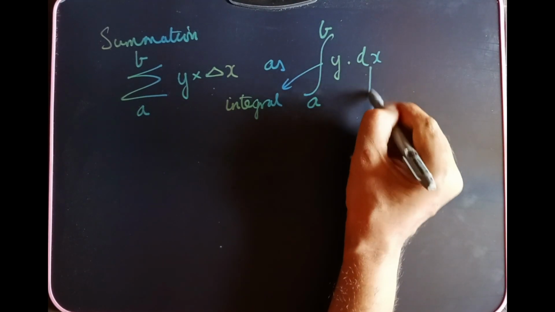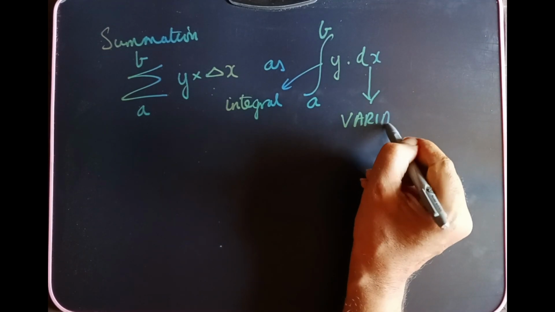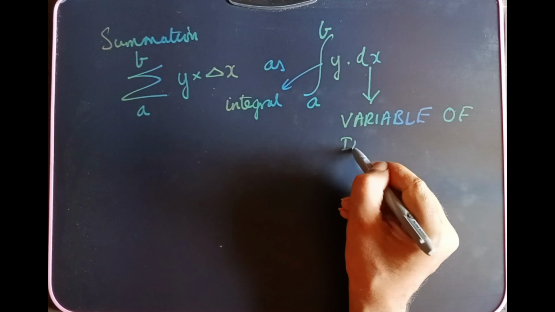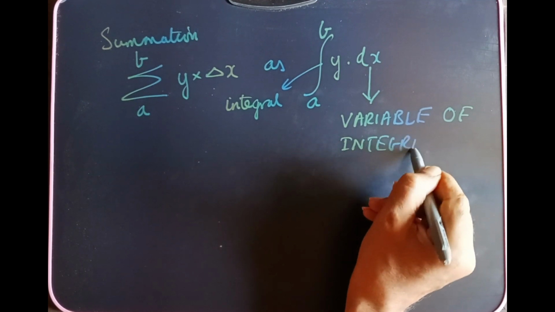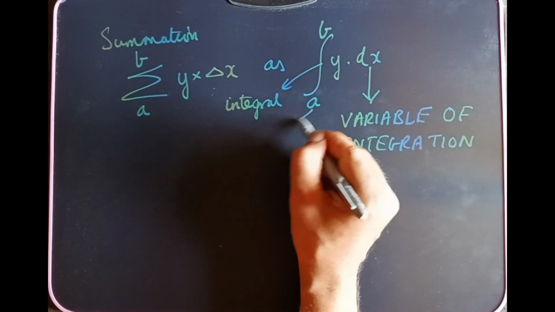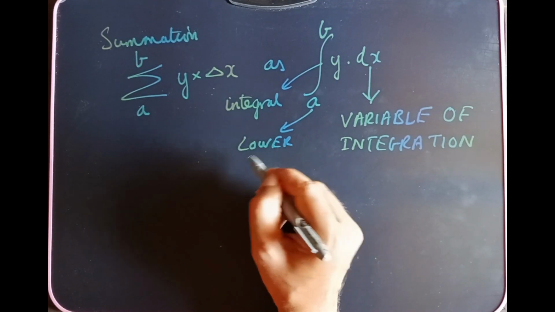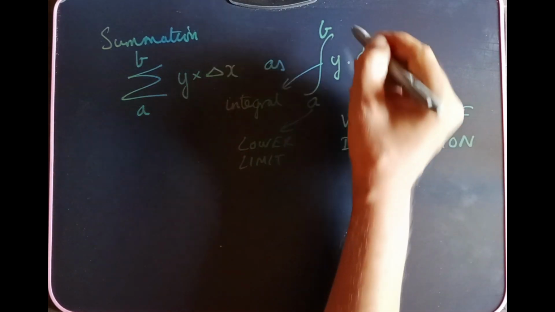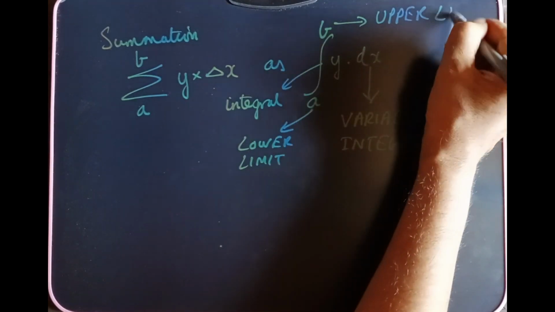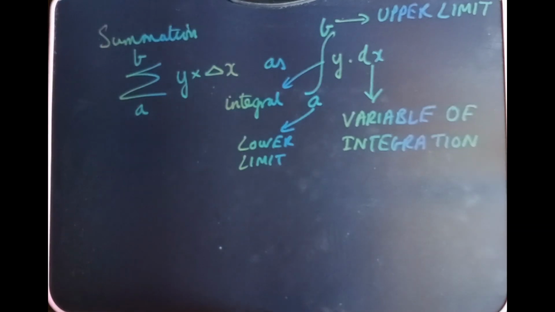What is dx called? dx is called the variable of integration. a is the lower limit and b is the upper limit, the lower limit of x and the upper limit of x.